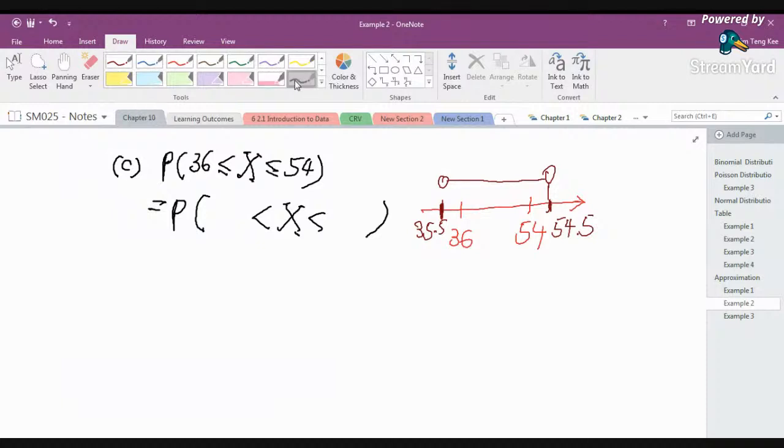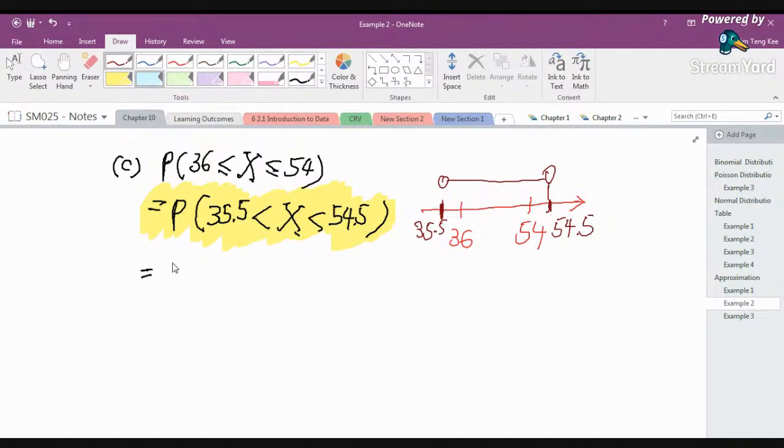So as a result, I will have 35.5 less than X less than 54.5. Again, this step I highlighted is referred to as the CC, continuity corrections.